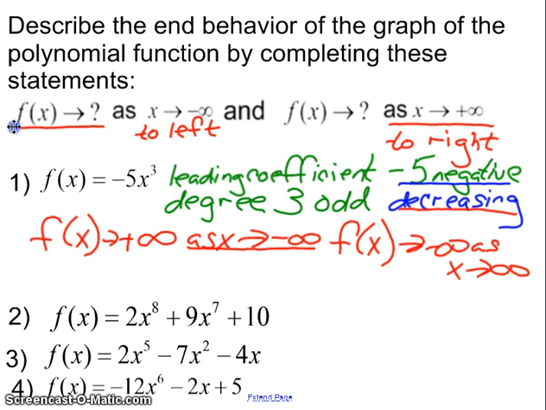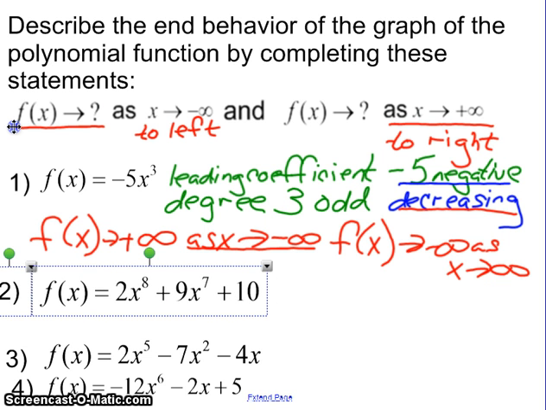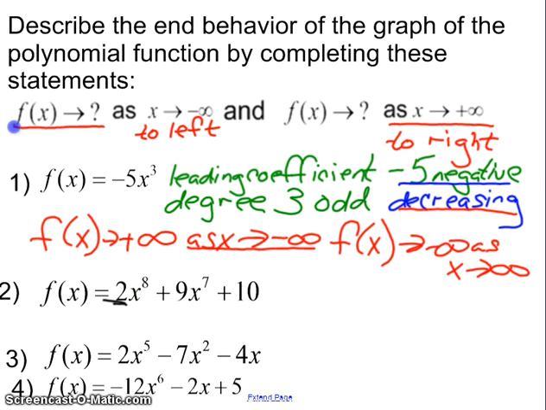All right, like problem 2, all right? So let's start with the leading coefficient. The leading coefficient is positive 2, okay? So that's a positive leading coefficient.